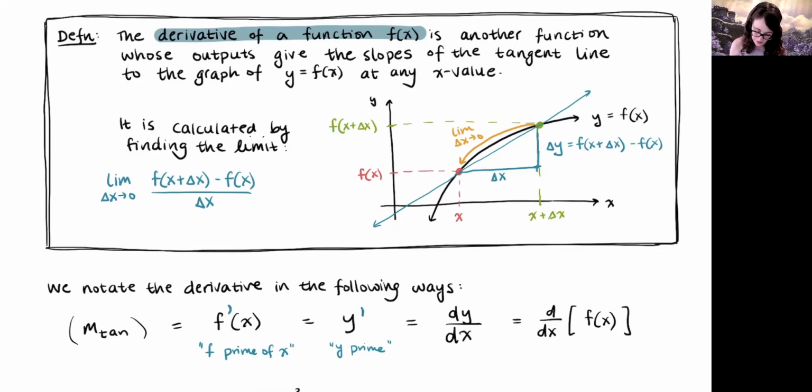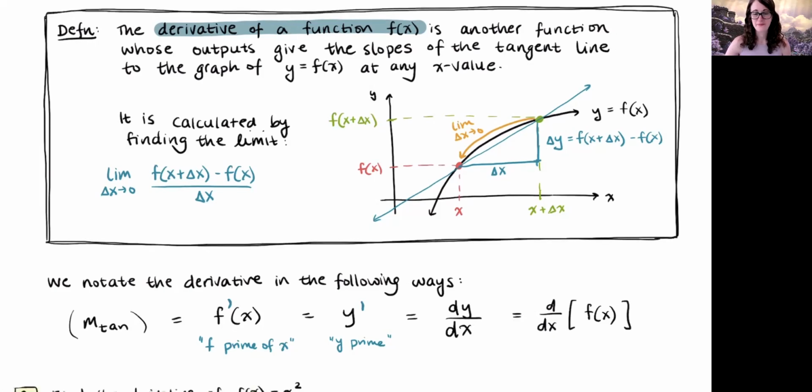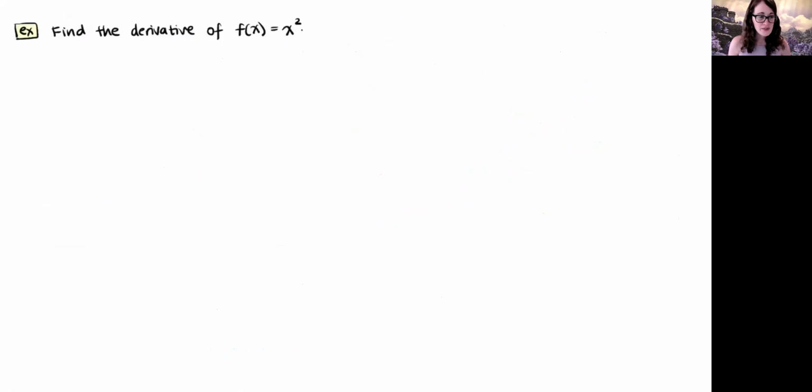So let us use this definition to actually calculate the derivative of f of x equals x squared. That's the function that we have been focusing on for the last while. So I'm going to start by, we only have one tool, it's our formula.